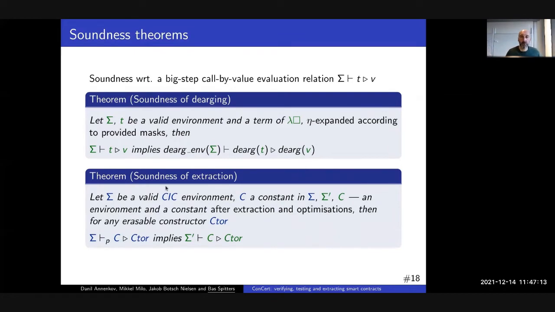We also have soundness of extraction. So if this reduces to some kind of erasable constructor, then the same thing will happen after the extraction. This is really the best you can hope for. So now we have fully verified extraction to Lambda box, and to a typed version of Lambda box, and from there we can print to a number of languages, including CameLIGO.